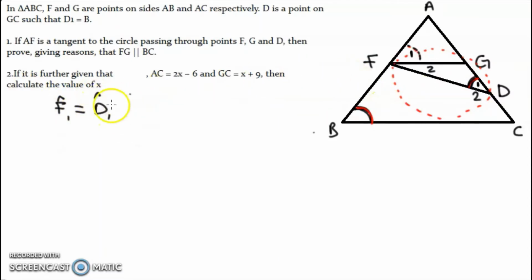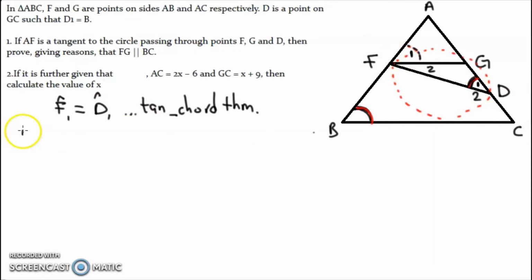The reason they are equal is because of the tan-chord theorem. If you want to know more about the tan-chord theorem, you can check my past videos. I have gone into detail to explain what this theorem entails. I'm just going to abbreviate it. So we've proven that this angle is equal to that angle there.